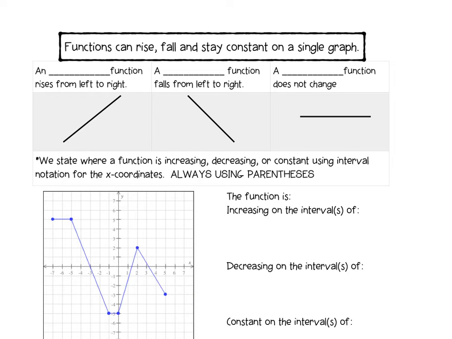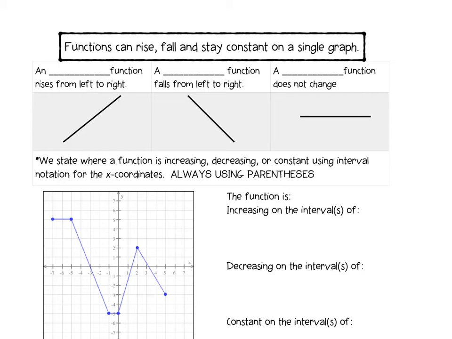The last topic on the Unit 9 Day 5 notes is the different types of functions, where functions can rise, fall, and stay constant on a single graph. There are 3 different types of functions that you have to be able to identify from a graph.